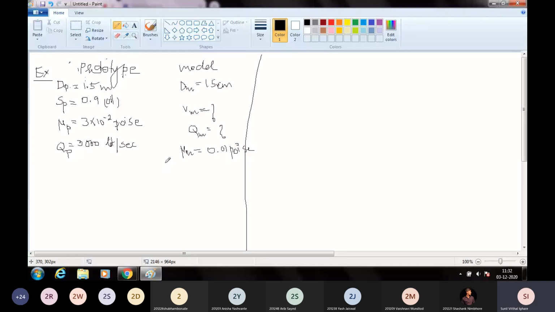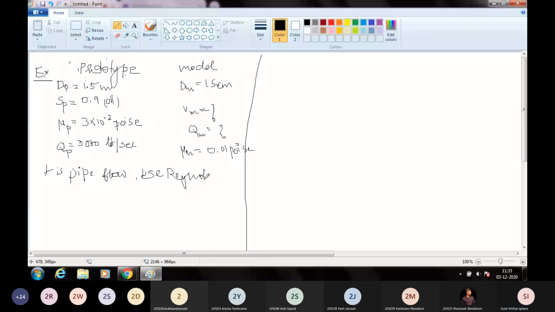So since it is a pipe flow, if you see a question in case of dimensional analysis that is about the pipe flow, you just use the Reynolds number or Reynolds model. Use Reynolds number.